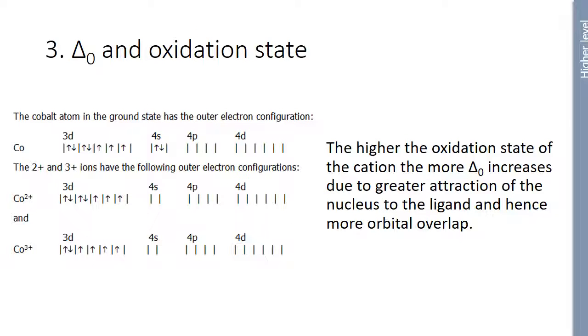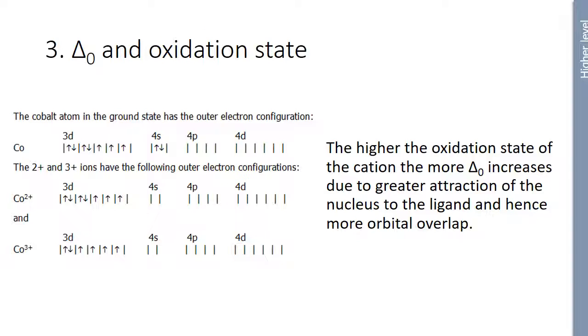And it's also based around oxidation state. The higher the oxidation state of the cation, the more the splitting increases due to the greater attraction of the nucleus to the ligand and hence more orbital overlap, okay, because it's a larger charge. Those electrons on the donor ligand are being more attracted to the positive cation in the center.